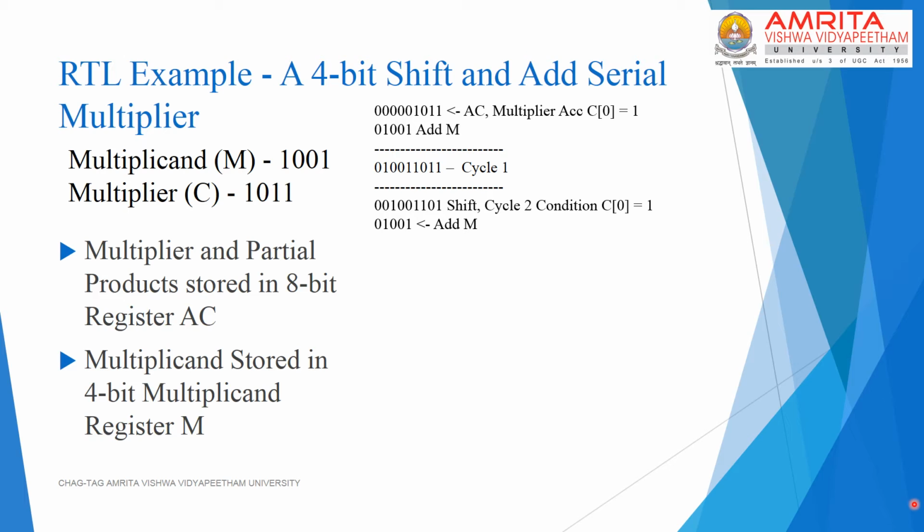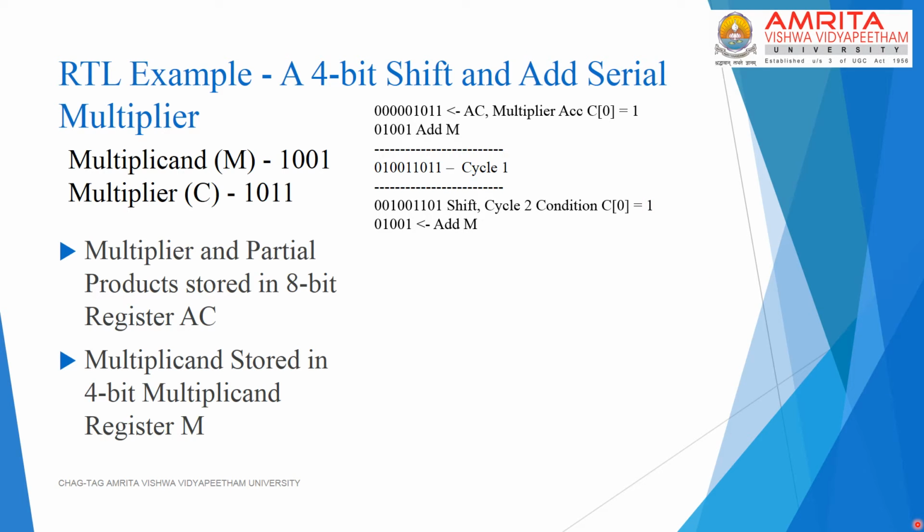The current action that is to be carried out in generating the partial product will be determined by the current multiplier bit. If the multiplier bit is a 1, the multiplicand will be added to the partial product, and if it happens to be a 0, 0 will be added to the partial product.